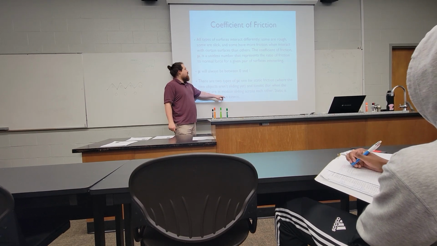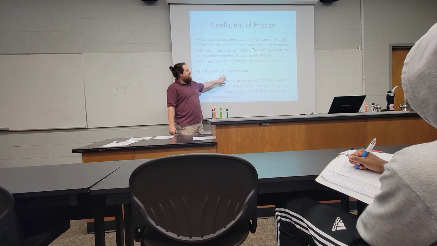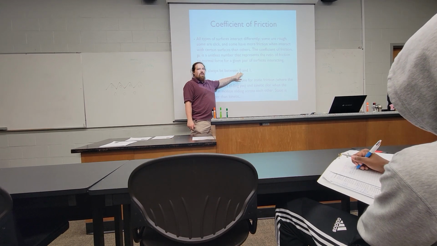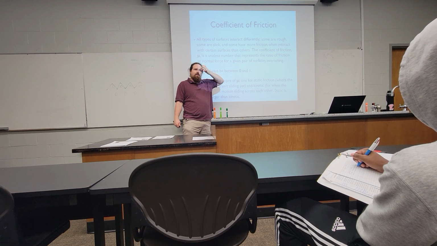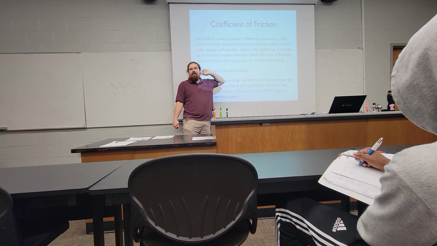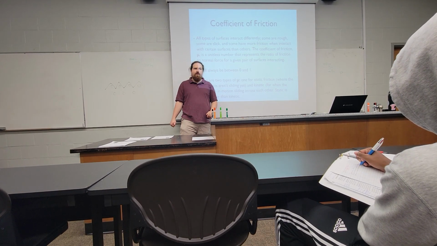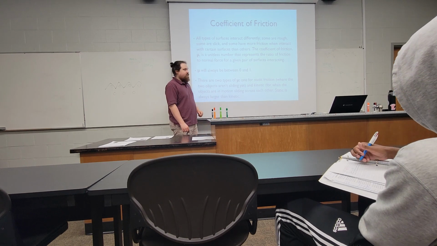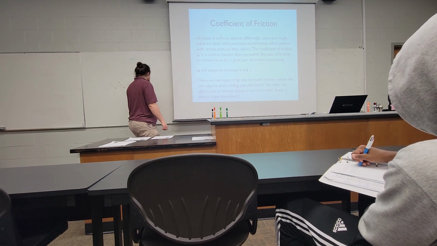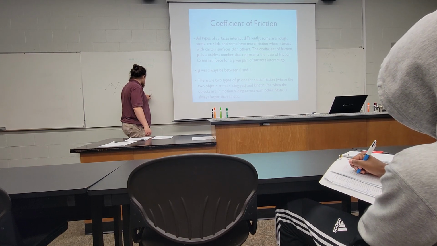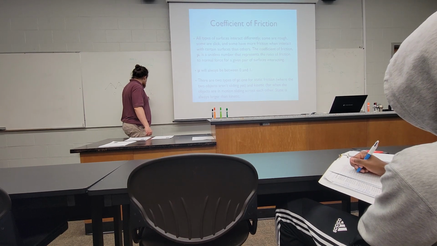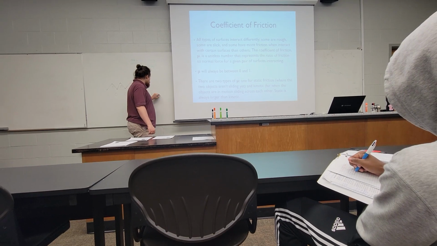As a number, mu will always be a decimal value between 0 and 1. The reason for that is it is basically a ratio comparing normal force to friction. I'm going to rewrite the formula slightly. Force of friction over normal force equals mu.